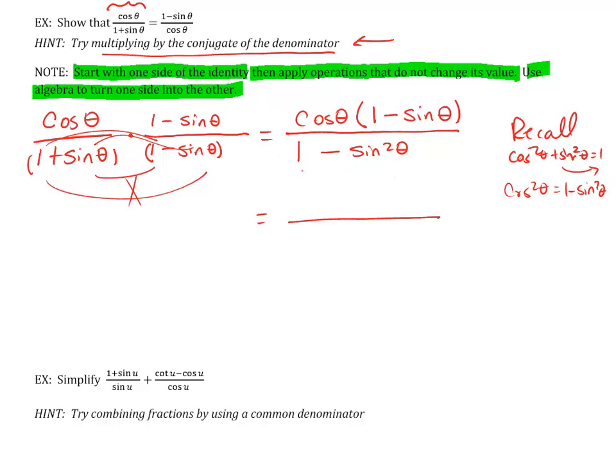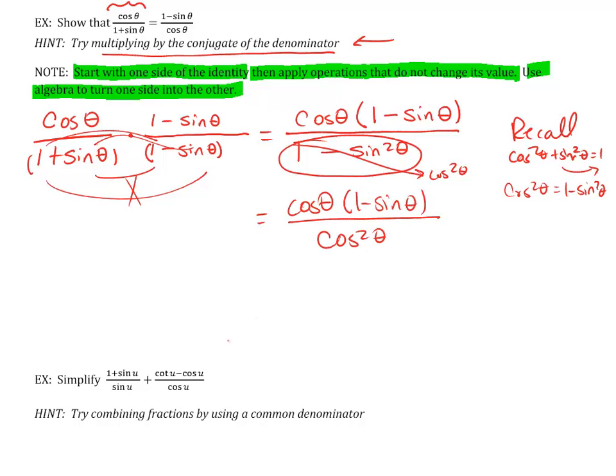So this right here we know is just cosine squared of theta. So you end up with cosine of theta on top times 1 minus sine of theta divided by cosine squared of theta. This cosine cancels with one of the cosines on bottom, and I'm left with 1 minus sine of theta divided by cosine of theta, which is exactly what I was trying to prove.